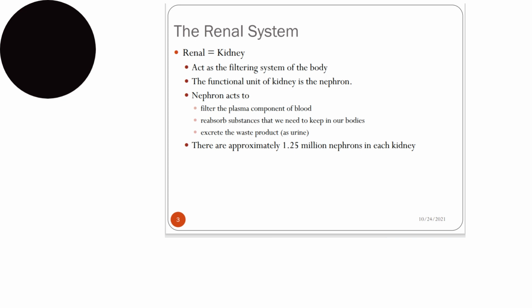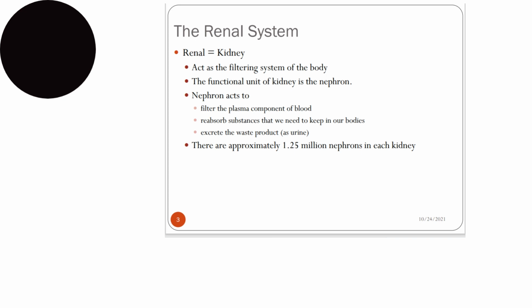So dia akan tapis sama ada perlu ke tak certain component in our blood. Kalau terlebih dia akan buang, kalau kurang dia akan retain. And also kalau drug, biasanya kita akan after certain period of time, drug akan di exclude out from our body through urine.